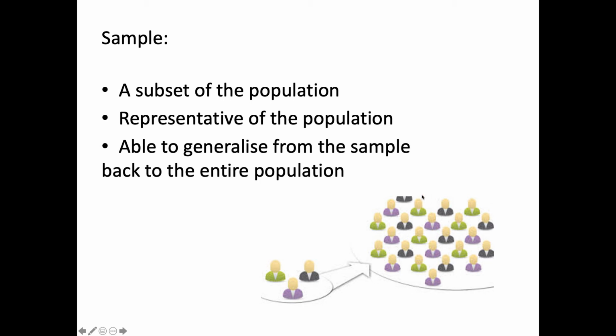For me, this population is the population of trans and gender diverse adults who live in regional and rural Victoria. And the 3 people who I've selected to meet with are trans and gender diverse and live in rural and regional Victoria. So the principle of selecting people who are representative of the population is that we are then able to generalize from the sample back to the entire population.